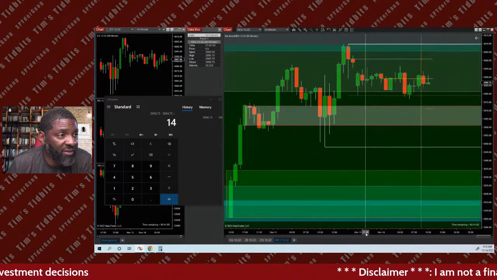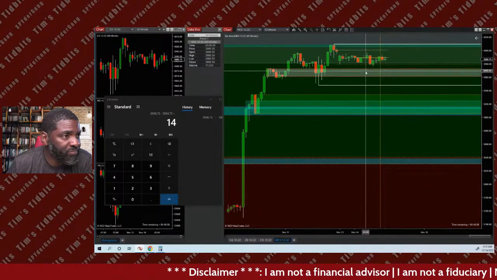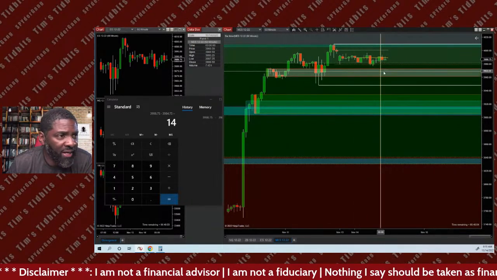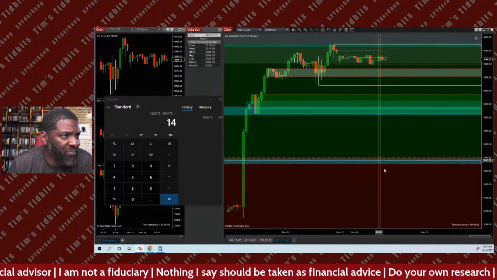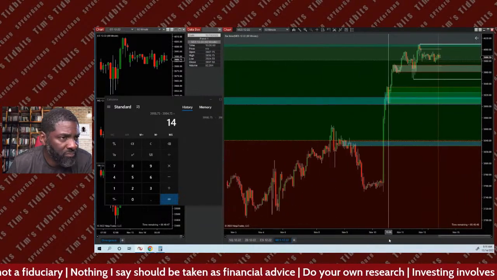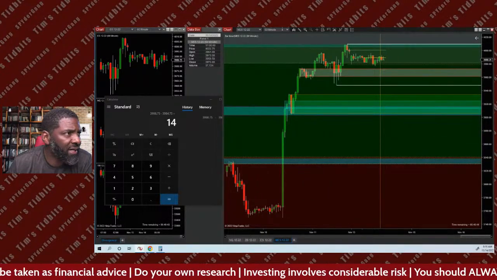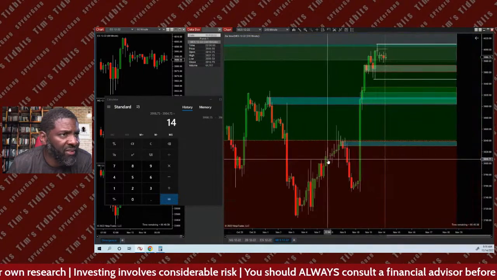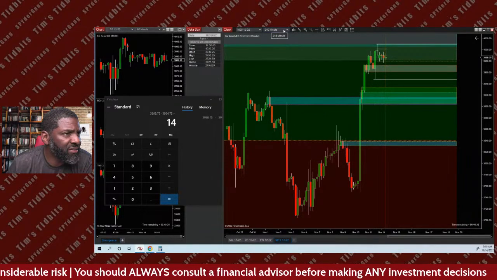Where are we as far as in the market? As you notice, I marked out a daily volume imbalance right here. This big white rectangle with the red outline, that's a daily volume imbalance, right? Above price, I've got to go, let me put some bigger candles on here so I can get the stuff in screen. Let me put daily candles on here.